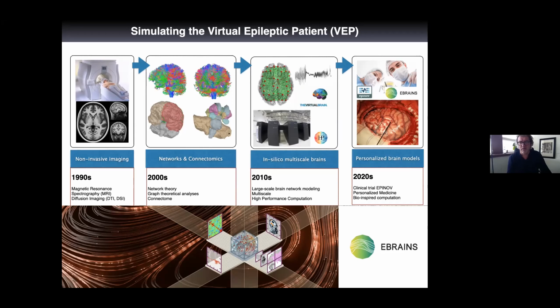Yeah. In the 2010s, there were several ICT efforts dedicated to building multi-scale brains and brain networks. One of them we were involved in, that's The Virtual Brain, and Randy McIntosh is also here. He led the brain network recovery group at that time, 2005, out of which first the connectome emerged. Second, The Virtual Brain emerged, which was then an effort from 2010 to 2015.